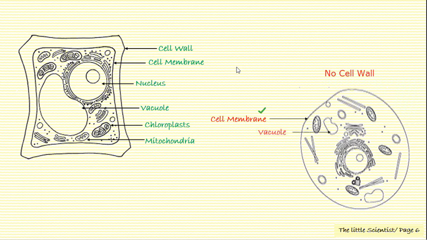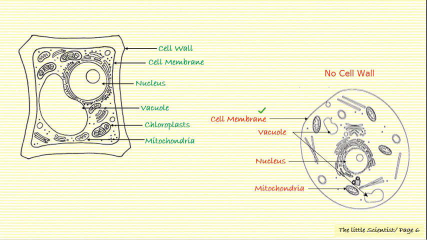Then we have the vacuole. Look, here is a vacuole and here is a second one. As I said, in an animal cell, you will see many small vacuoles. The vacuoles are containers. They store things in the cell. This is the nucleus, which is the control center. It controls and directs activities inside the cell.